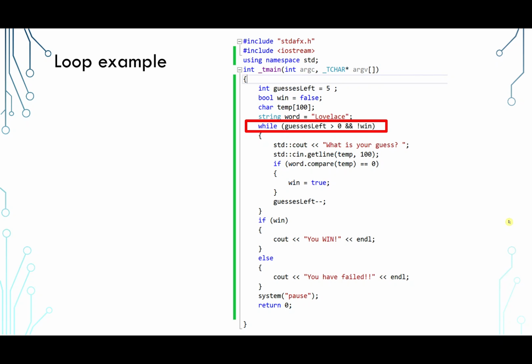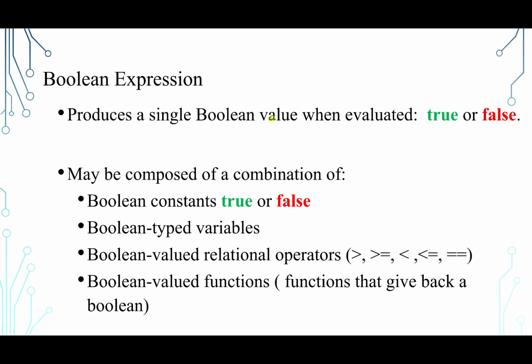So if you won, even if you have 50 million guesses left, you won. You don't need them anymore. But if you didn't win, you have to check how many guesses you have left. If you have, then continue doing the game. If not, then the game would kick you out.